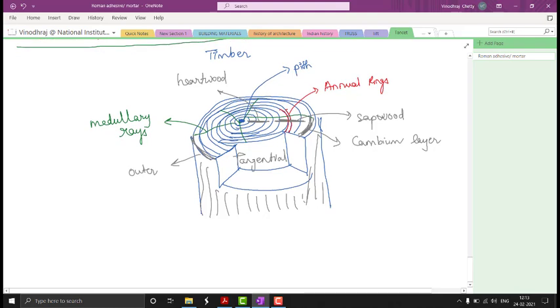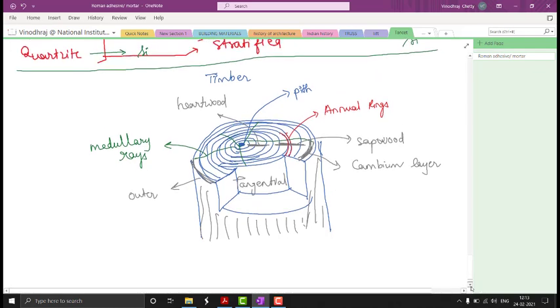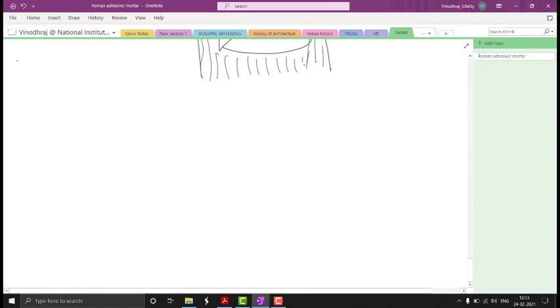And for timber, there is a process known as seasoning of timber. So what is seasoning of timber? Seasoning of timber is basically a process to remove the moisture content from the wood.